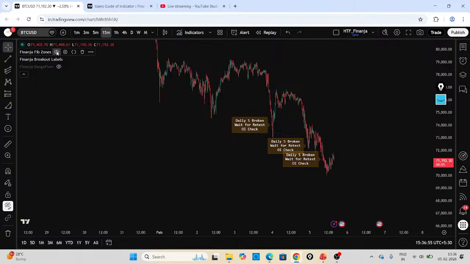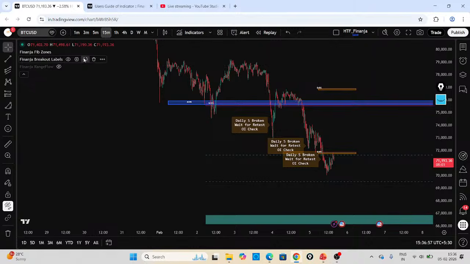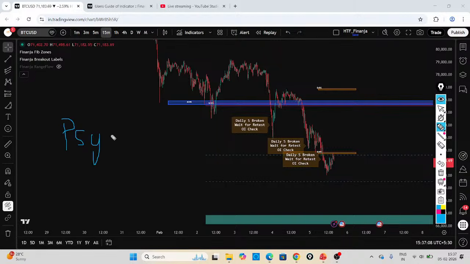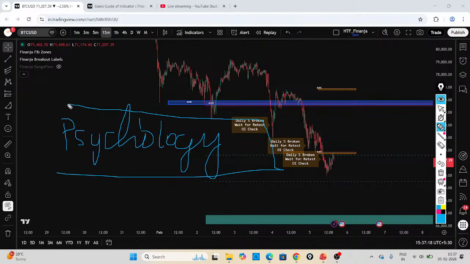What is this Finanja Breakout Labels indicator? In trading, in any stock market, the psychology is very important. Without psychology, trading is not possible. Why am I telling that? Because there will be hundreds of trading setups.